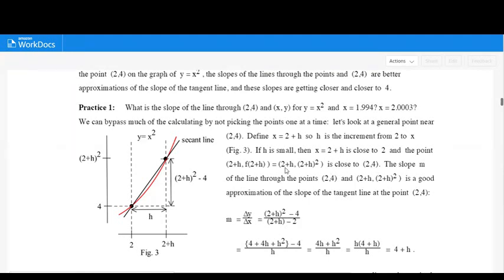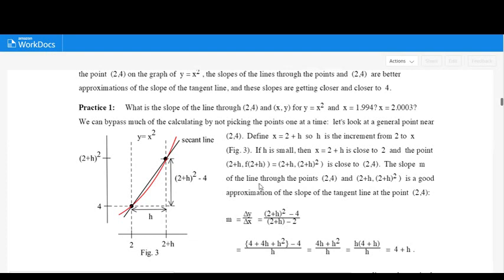Bakit kaya? Kung h is very small, gaya ng sabi ko kanina, 2 plus a value of h is close to 2. And then if you square that, that is still close to 4. Kasi nga, di ba, ang square ng 2 is 4.